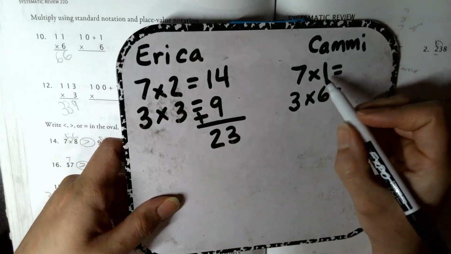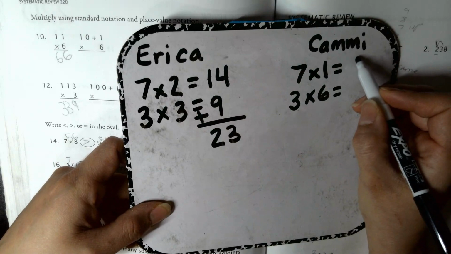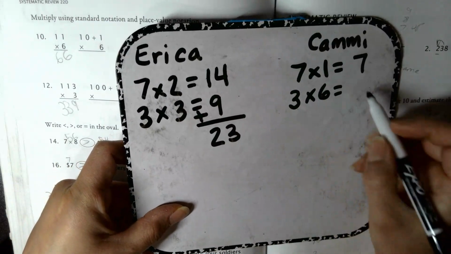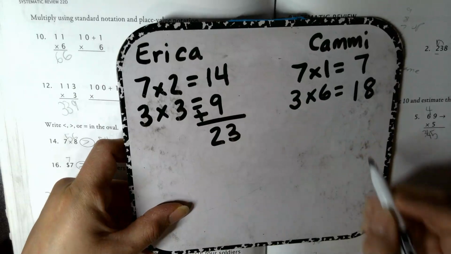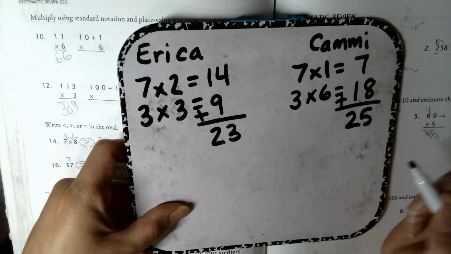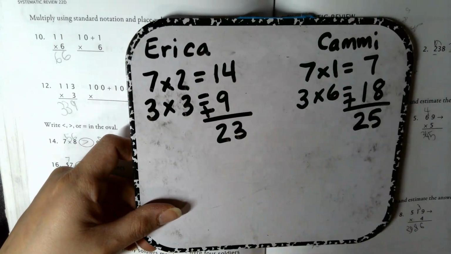Then we have Cami, when she was emptying out the bucket, she only emptied 1. So that's 7. And then when she was emptying out the pitcher, she emptied out 18. So if we add those, that will be 25. So 25 quarts.